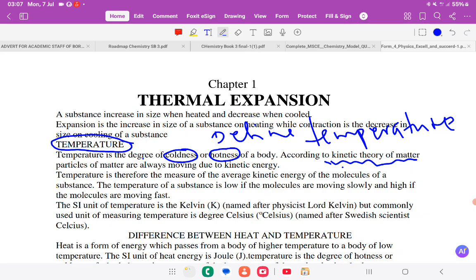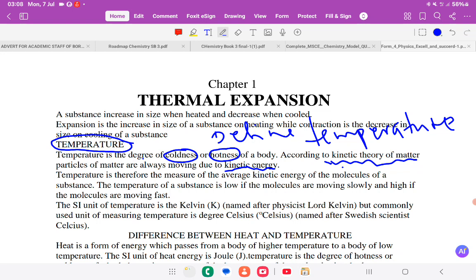It states that all matter is made up of tiny particles which are in constant motion. So, according to the kinetic theory of matter, particles of matter are always moving due to kinetic energy.